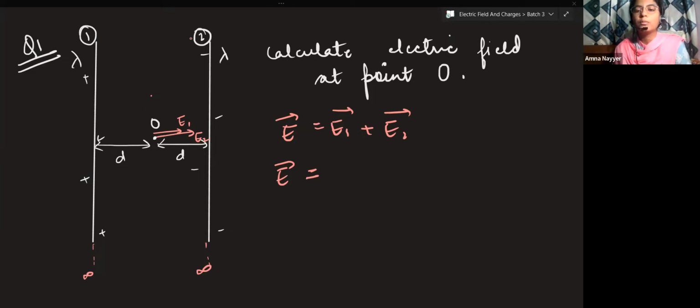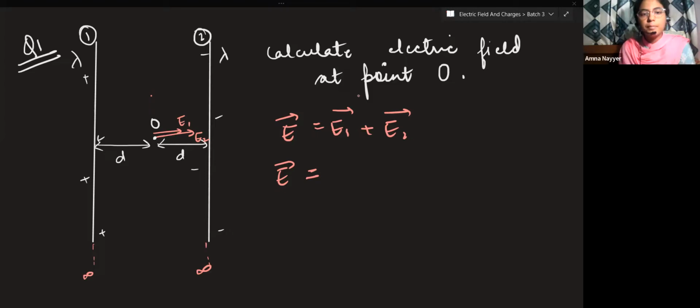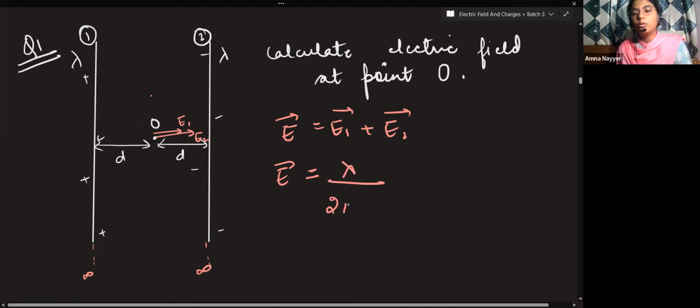Wire and point O. Look at the separation is given to you. D. Yes, it is D. This is the separation, no? So it will be lambda divided by 2 pi epsilon naught D instead of R. Similarly, for E2 also the separation is D. This will be lambda by 2 pi epsilon naught D.